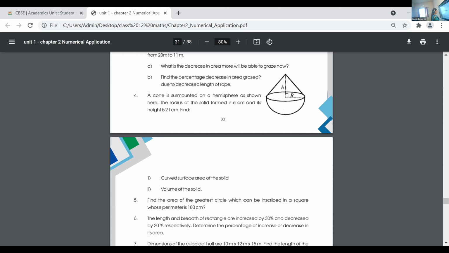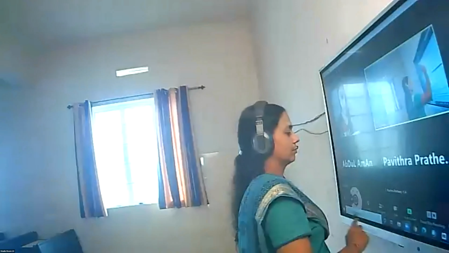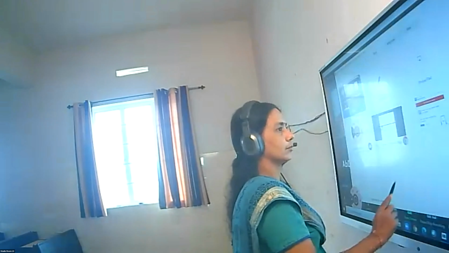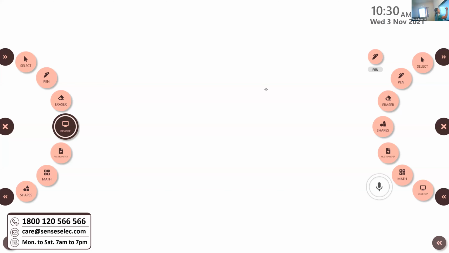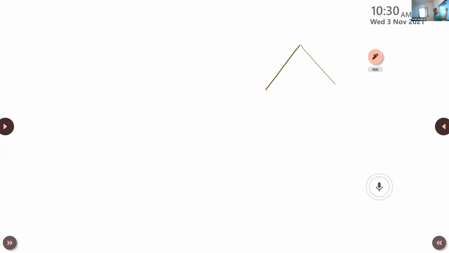Okay, shall we start doing this? Read the question once again. It is given, cone is surmounted on a hemisphere. And look at the radius. Two things are there: cone and hemisphere.